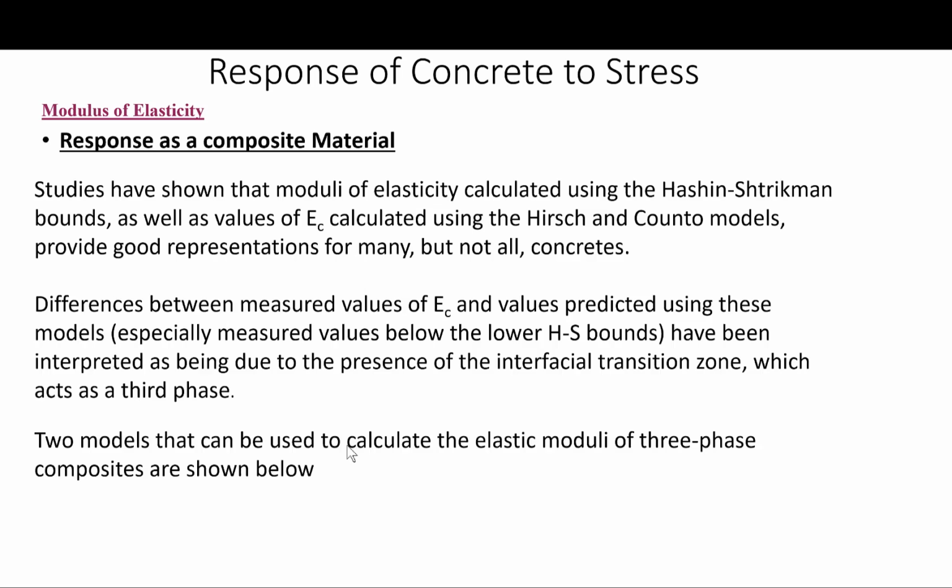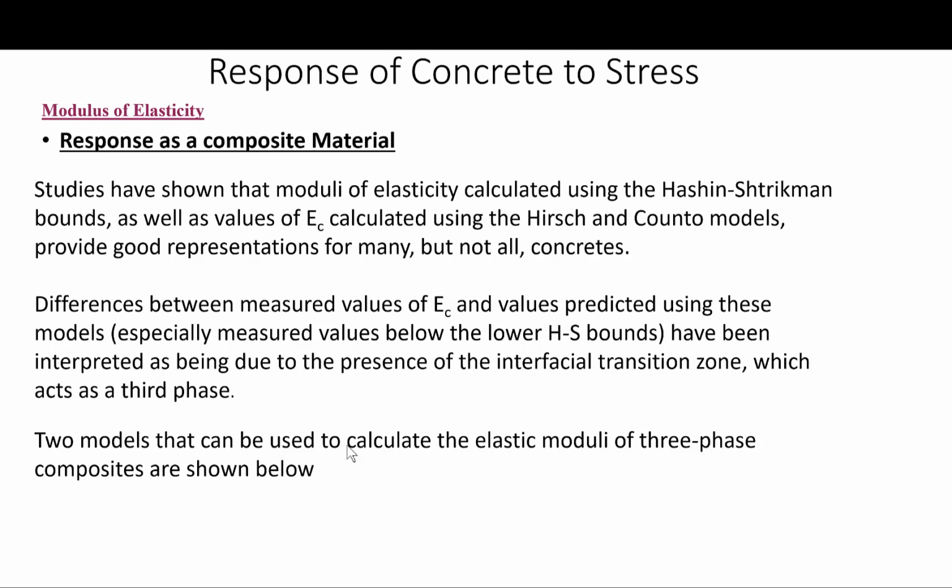As I just mentioned, studies have shown that the moduli of elasticity calculated using the Hashin-Shtrikman bounds, as well as the values calculated using the Hirsch and Counto models, provide good representations for many, but not for all concretes.